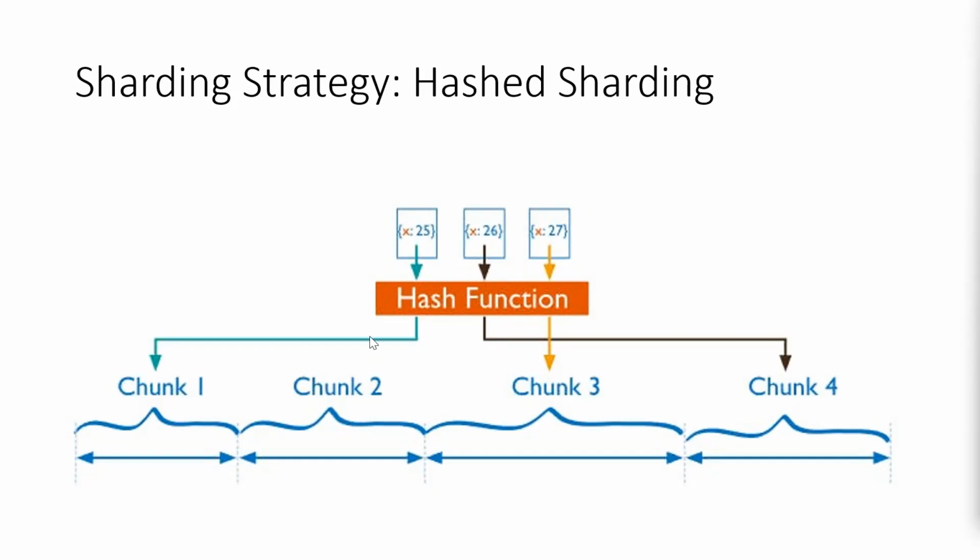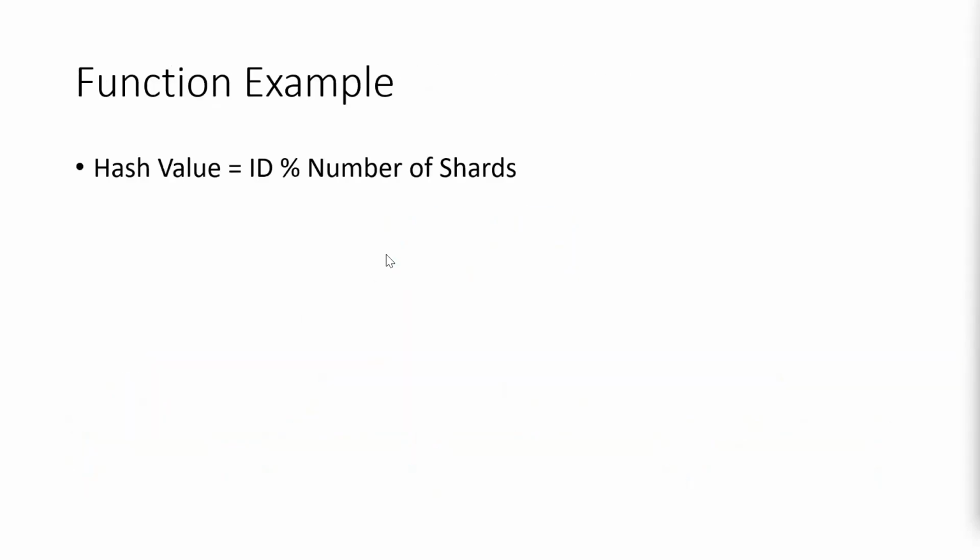For example, a simple hash value could be: we get the ID, and if the number of shards is 3, you divide by 3, and the remainder will give you the shard. And you see that this is very similar to what we did in the previous case.